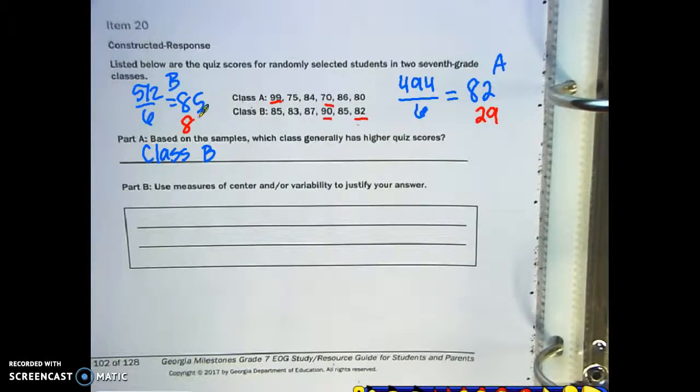Class A, if you just look at it, you see this 99 and you would think automatically that they have higher quiz scores, but that's really more like an outlier because you have all these C's and B's.